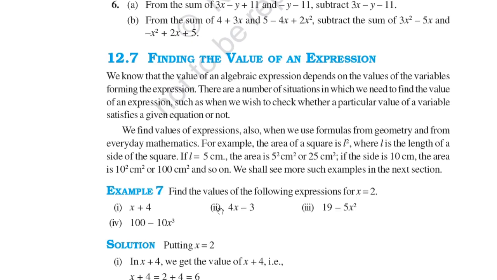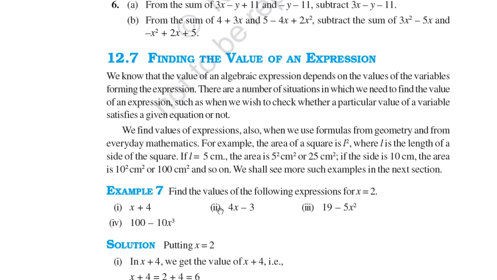We also find values of expressions when we use formulas from geometry and from everyday mathematics. For example, the area of a square is L square, where L is the length of a side of the square. If L is equal to 5, then 25 will be the area of the square. If the side is 10 centimeter, the area will become 100 centimeter square, and so on. We shall see more such examples in the next section.